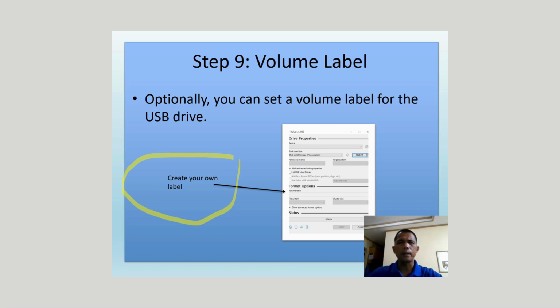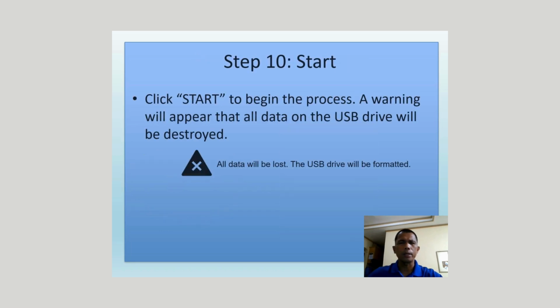Then step number 10, click the start button. That's the time to begin the process. It may take around 5 to 10 minutes, depending on the speed of your PC, or perhaps 10 to 15 minutes or less than 10 minutes.